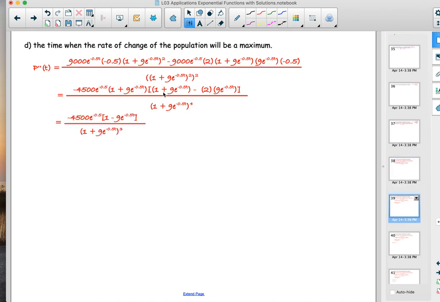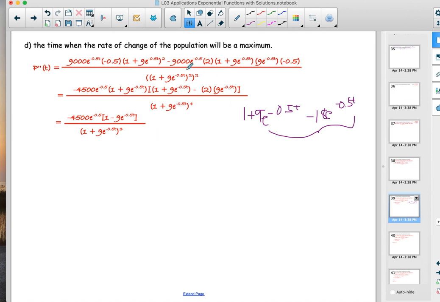And so when you do 1 plus 9e to the negative 0.5t minus 18e to the negative 0.5t, because I left some steps out here, those give you negative 9e to the negative 0.5t. So that takes me up to there.